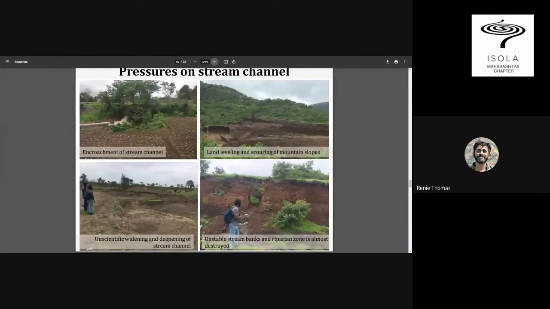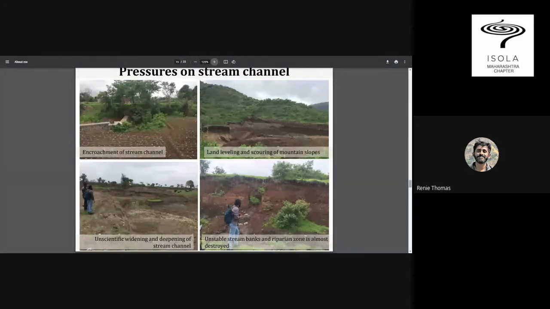And I'm sure many people have been hearing about the desilting of streams, where widening and deepening is happening quite a lot through the central scheme, basically. But they are done so unscientifically that they are deepening the stream so deep that you're almost striking the groundwater from the aquifer.